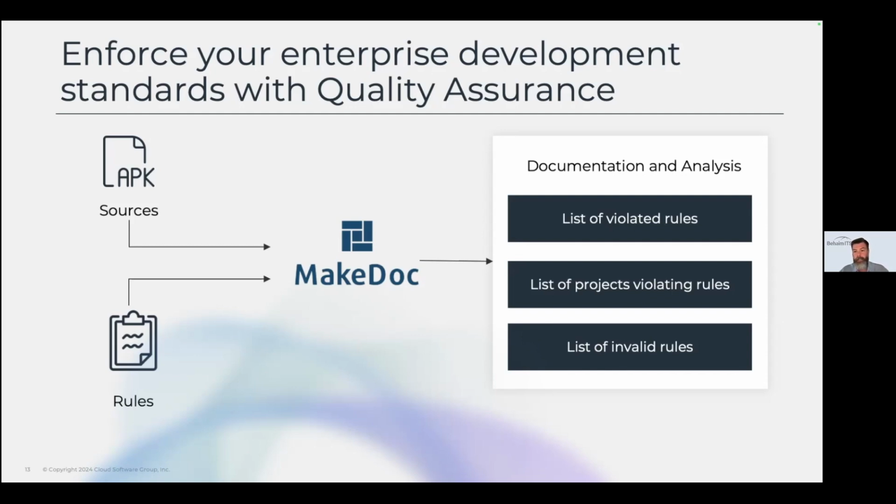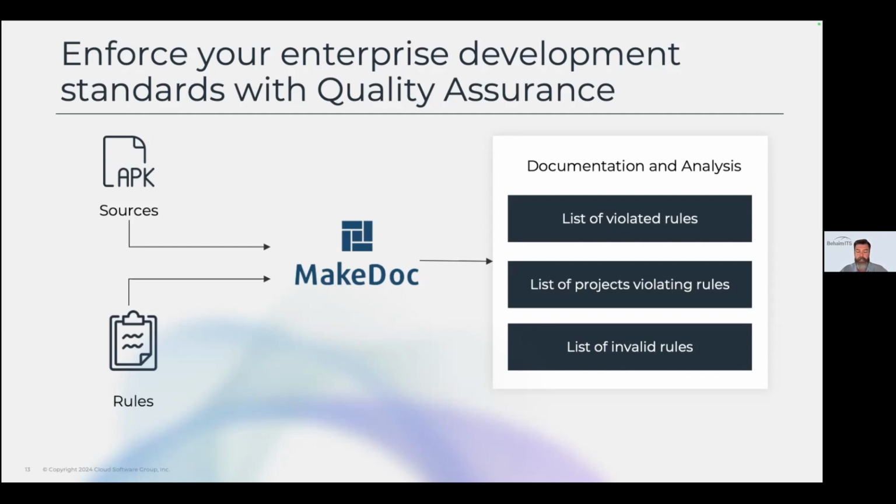And because we also provide an API to extend the existing set of rules in MakeDoc, you can create your own rules based on your naming conventions or your needs within your development team.